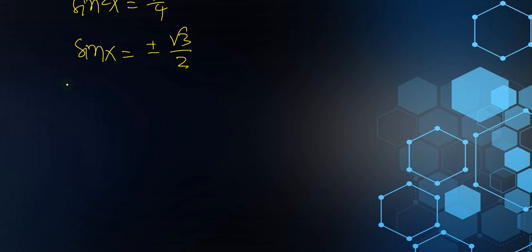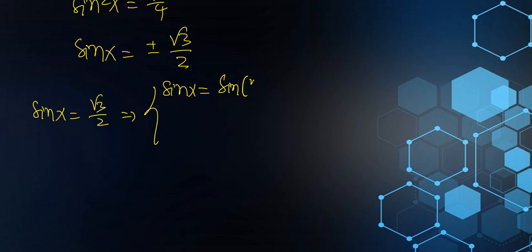So for the first one, sine x equals square root of 3 over 2, we're going to have two cases here, right? We're going to have sine x equals sine of pi over 3, and the second one is sine x equals sine of 2 pi over 3, right?